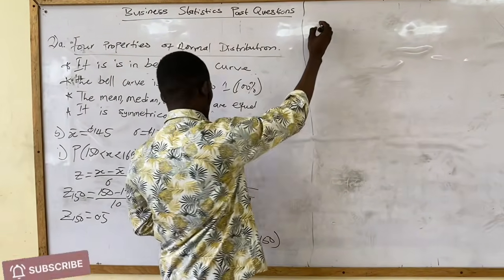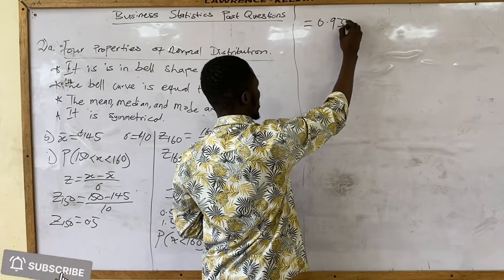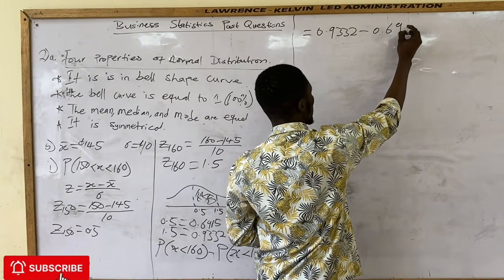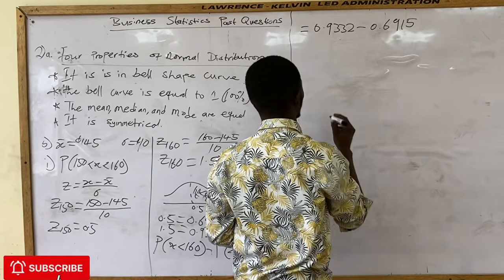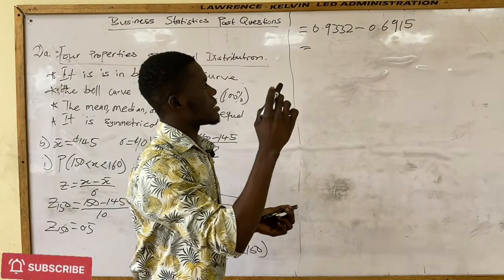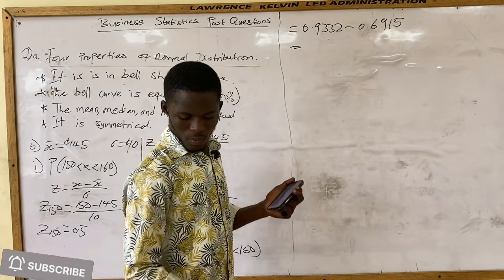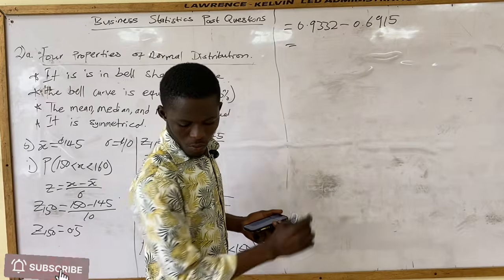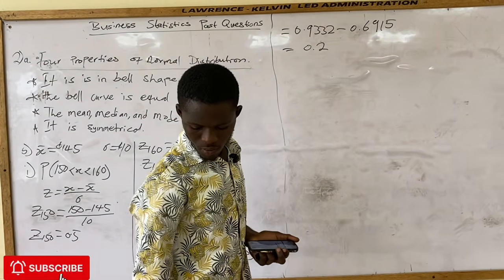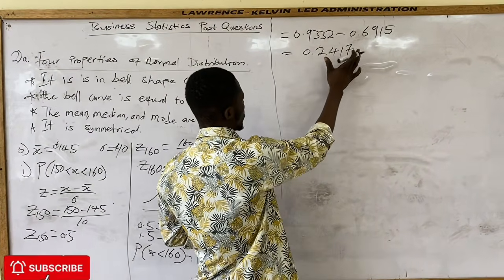So now we will have 0.9332 minus 0.6915. Okay, so if we subtract 0.6915 from 0.9332, we will get 0.2417. Okay, so this is what we'll get.